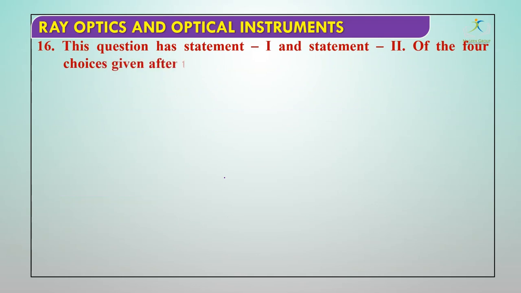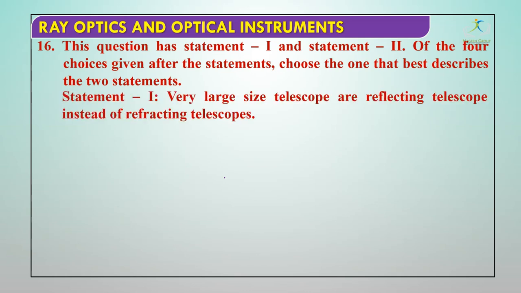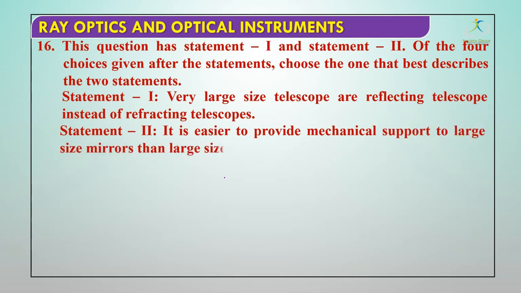16th question we have, this question has a statement first and statement second. Of the 4 choices given after the statement, choose one that best describes the 2 statements. The first statement which we have, very large size telescopes are reflecting telescopes instead of refracting telescopes.